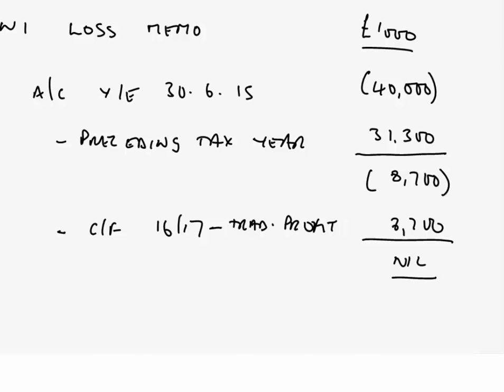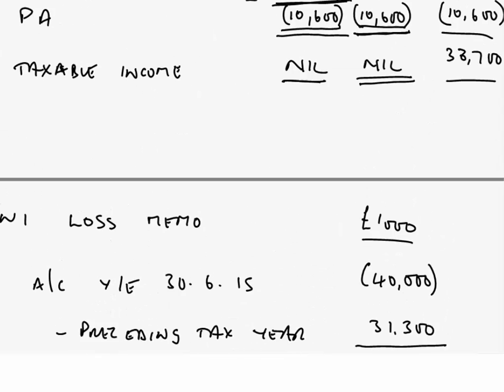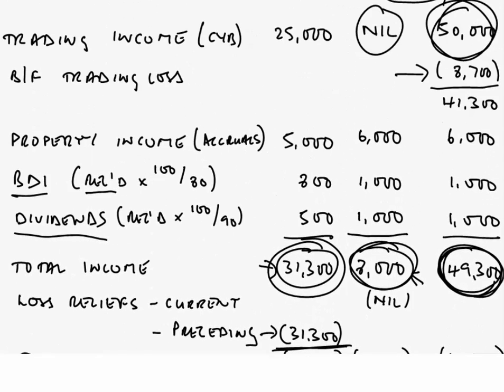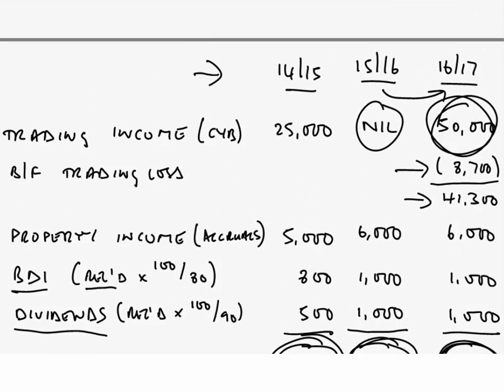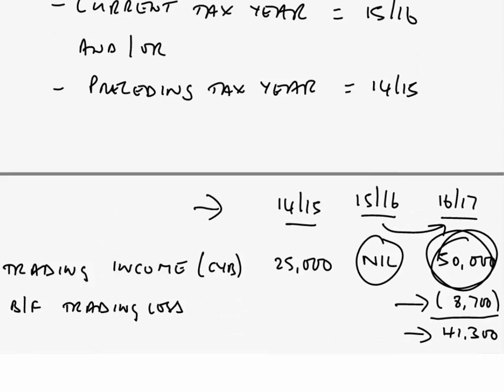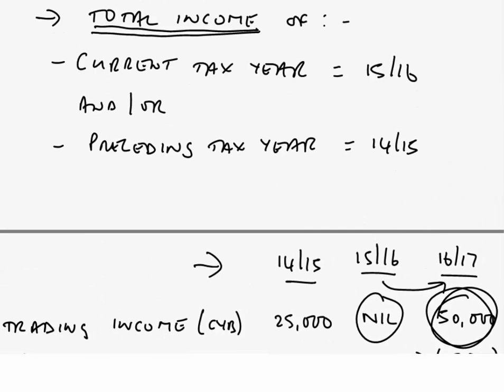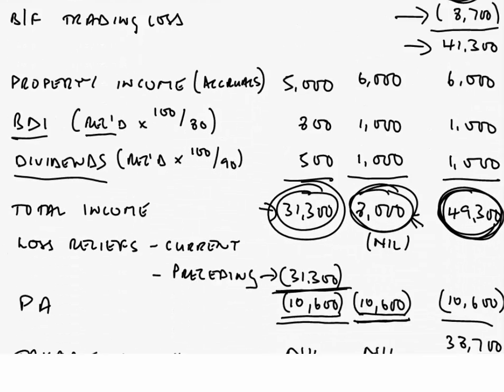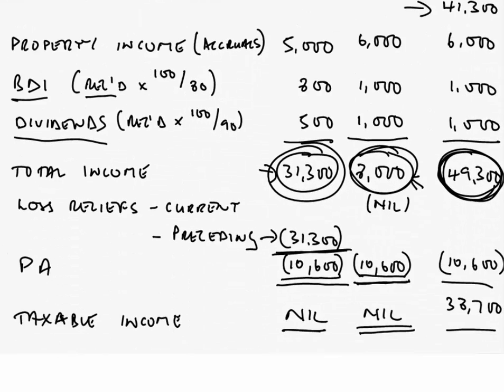So your loss memorandum is complete. Your working page is complete in as much as you take away the 8,700, get your remaining trading income, add in the other amounts of income there, and you have got your total income. Take away your personal allowance, and you've got your taxable income figures.